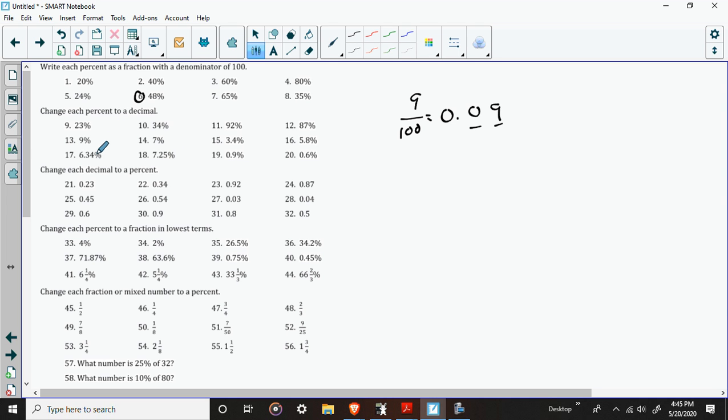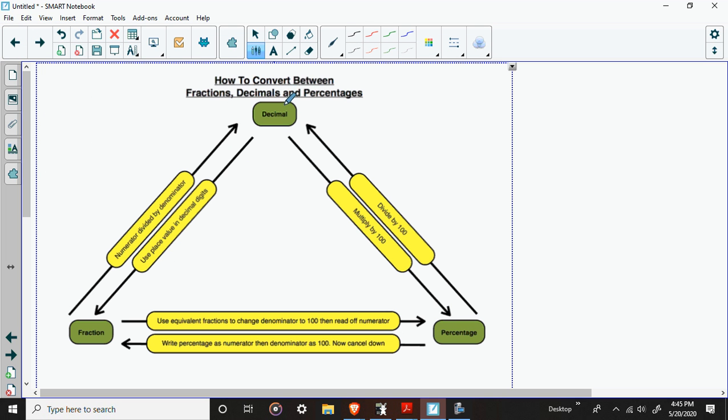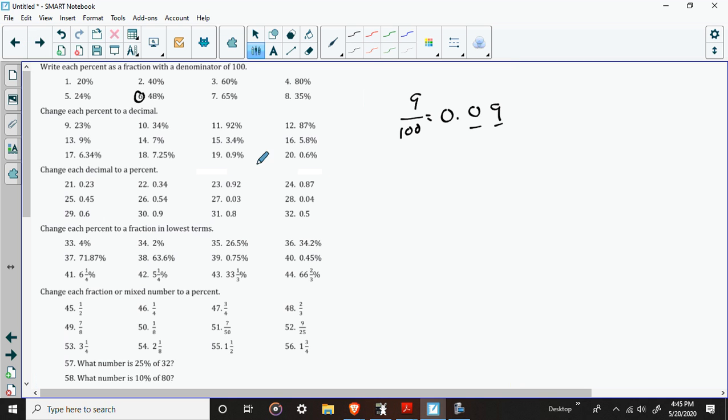To go the other way, to get from a decimal to a percent, all you need to do is multiply by 100, okay? So if we go back and say, hey, what's 0.23? Well, 0.23 is not a percent.